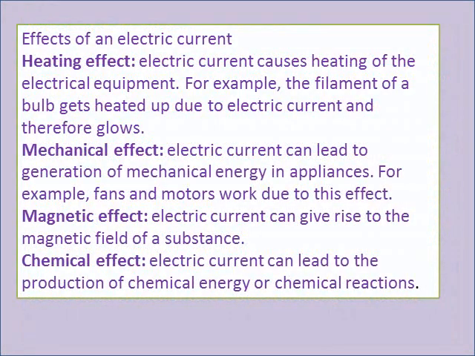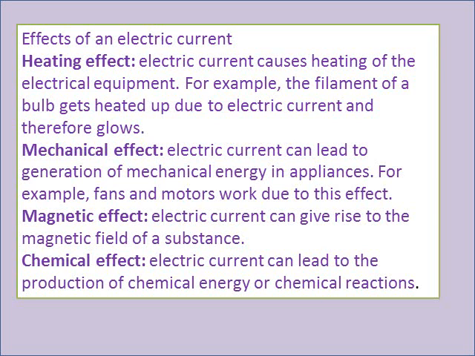Children, now we will pass on to the various effects of an electric current. The various effects of electric current can be classified into four: heating effect, mechanical effect, magnetic effect, and chemical effect. So let us see what it is one by one. Heating effect. Electric current causes heating of the electric equipment.